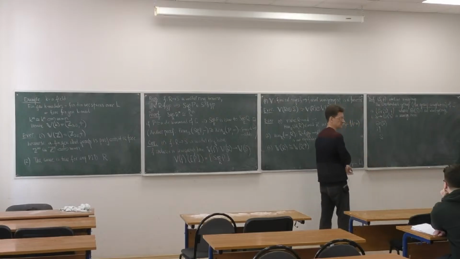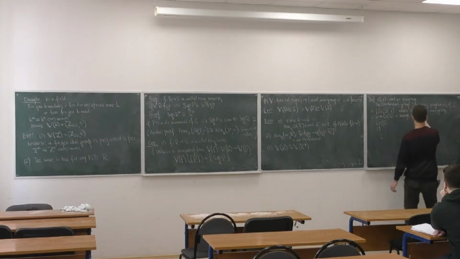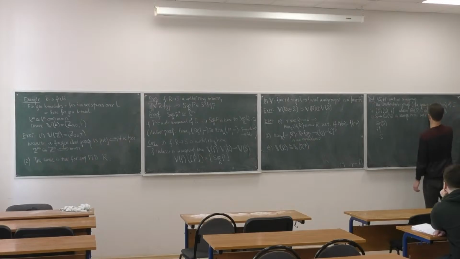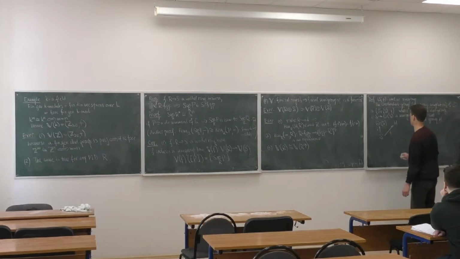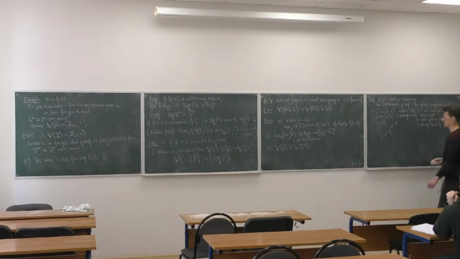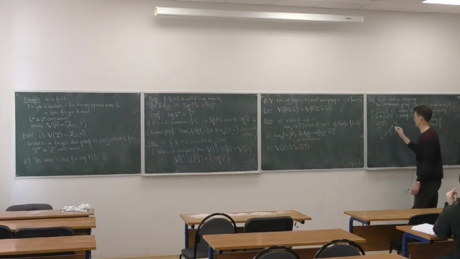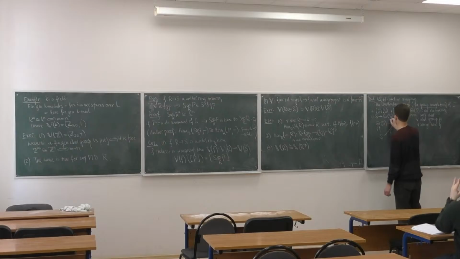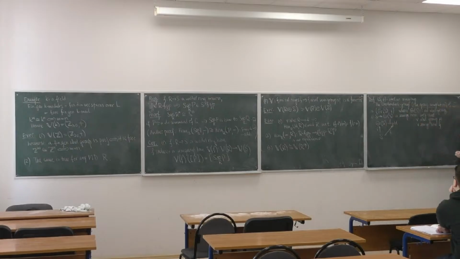So the universal property is that for any abelian group H, and for every semigroup homomorphism F from S to H, there is a unique group homomorphism F hat, which makes the diagram commute.